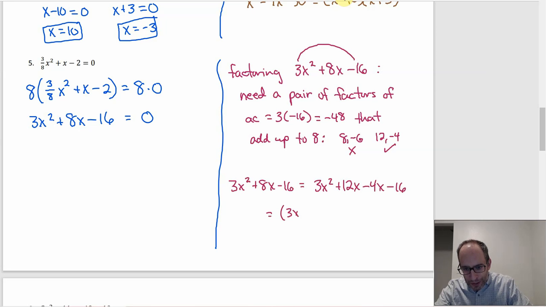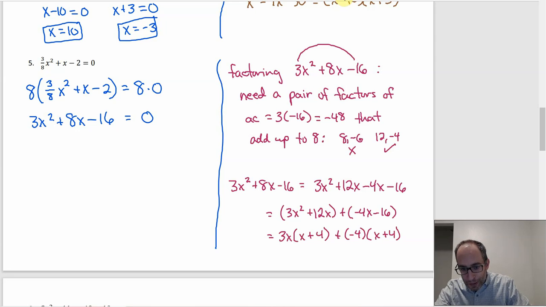So we'll have 3x squared plus 12x in the first group, plus negative 4x minus 16, and factor a 3x out of that first group, and we'll be left with x plus 4. And then if we factor a negative 4 out of the second one, another x plus 4. And then we can factor the x plus 4s out of our two products, and we'll have x plus 4 times 3x minus 4. And there's the factorization that we can use on the left side.